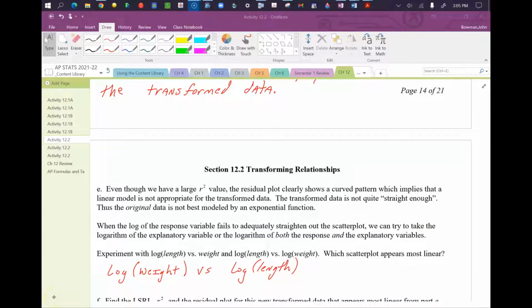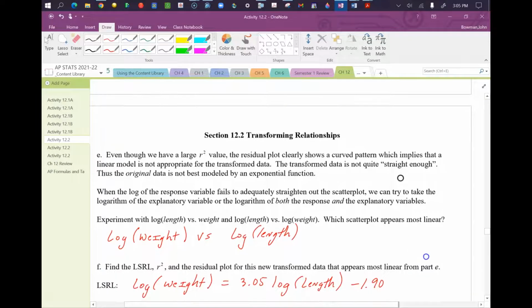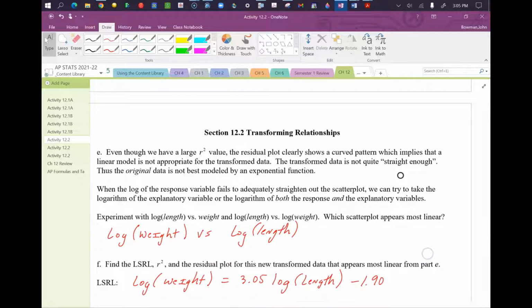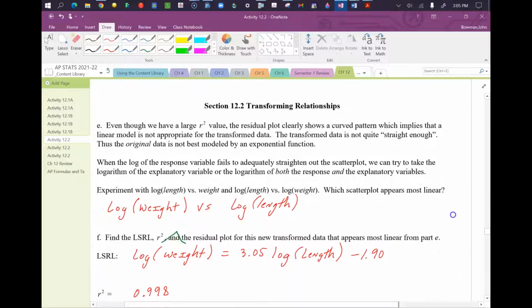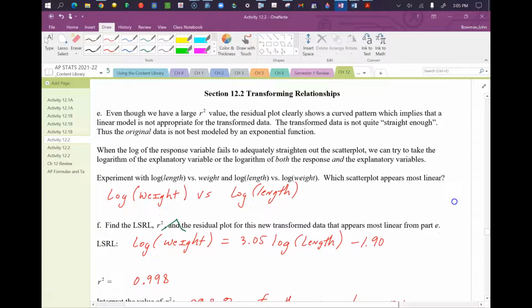So what you found is that the most effective at linearizing the data is the log of the weight versus the log of the length. If we did that, our least squares regression equation would be predicted log weight is equal to 3.05 times the log of the length minus 1.90 with an r-squared value of 0.998.